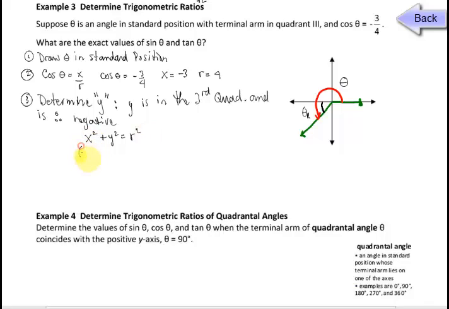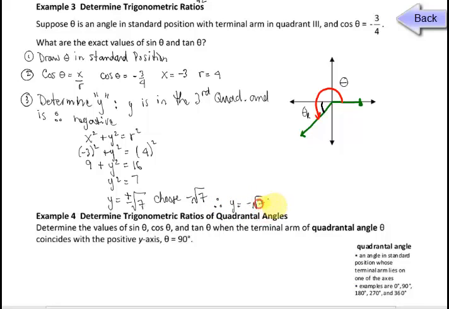We can substitute in -3 for x and 4 for r, so that gives us 9 plus y squared equals 16. And so y squared is equal to 7, and y then is equal to plus or minus the square root of 7. But we are going to choose -√7 because we know that y is negative in the third quadrant. So therefore y equals -√7.